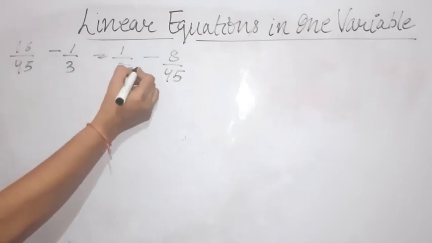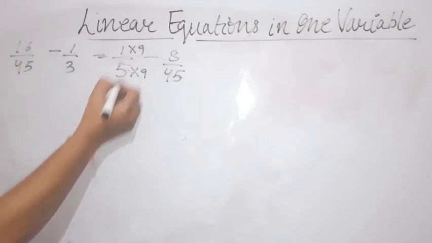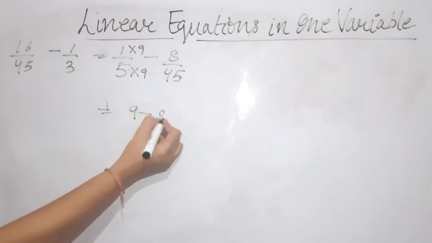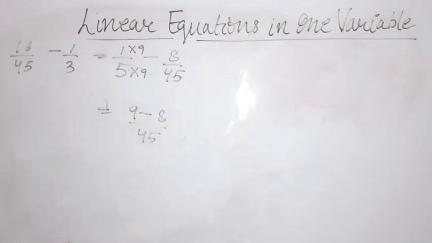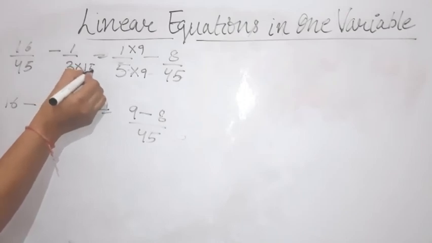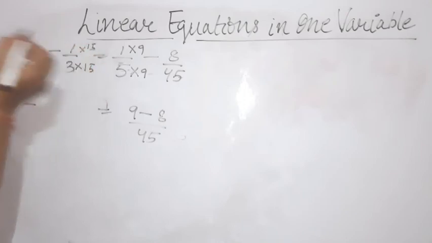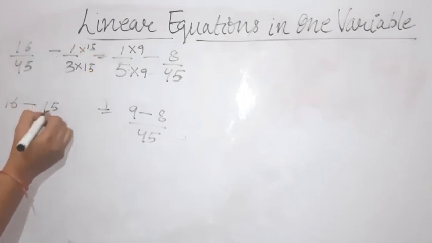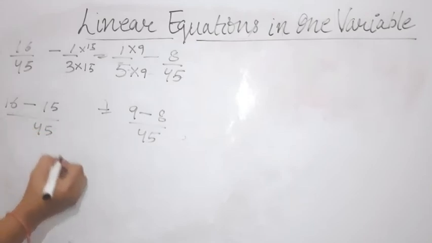So to make it 45, 5 has to be multiplied by 9. So it will be 9 minus 8 upon 45. Now moving on to this, 45 is also divisible by 3. So by which number do we multiply 3 to make it 45? 3 has to be multiplied by 15, and the same goes for the numerator. So 16 minus 15 upon 45.